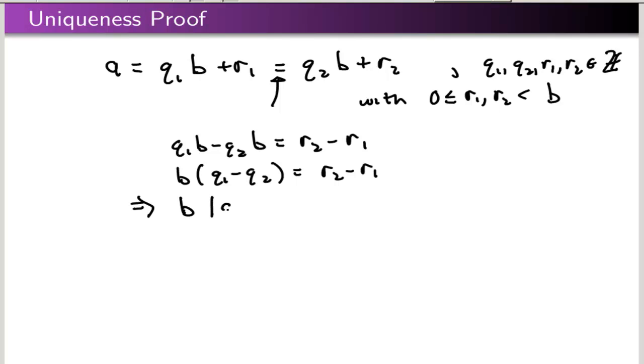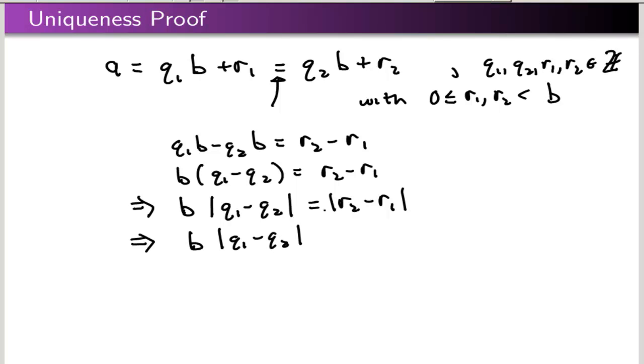B is positive, so that doesn't need any absolute value. And so the left-hand side is a multiple of B, and the right-hand side is strictly less than B, because R1 and R2 are trapped in this interval.